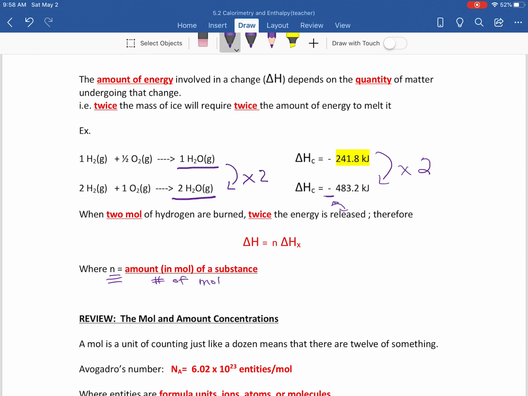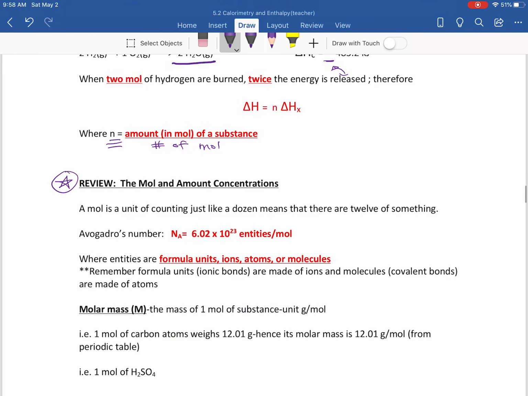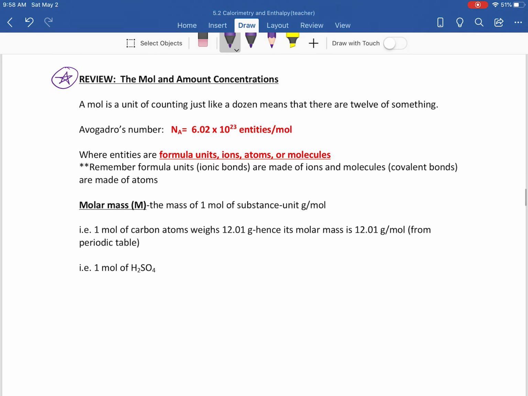All right, so you're not allowed to forget what you learned in grade 11. Not allowed. But just in case you have, let's do some review. The mole and amount concentrations.